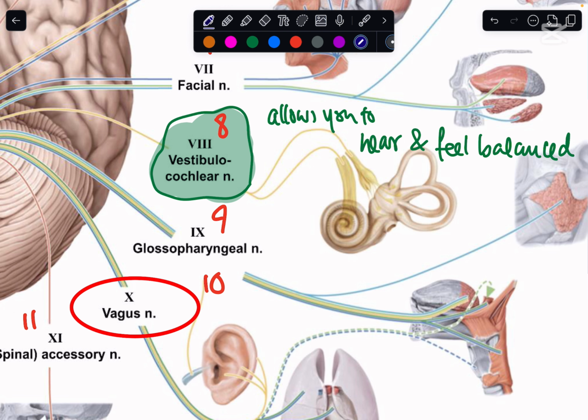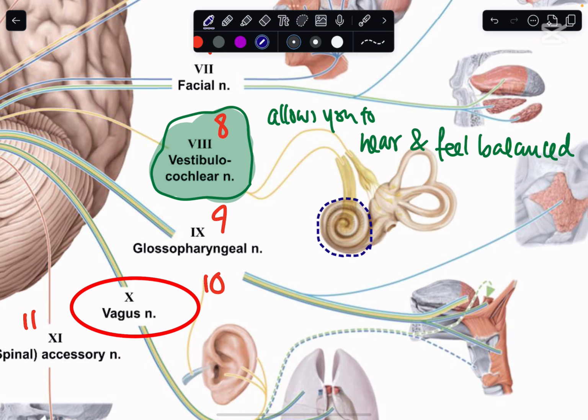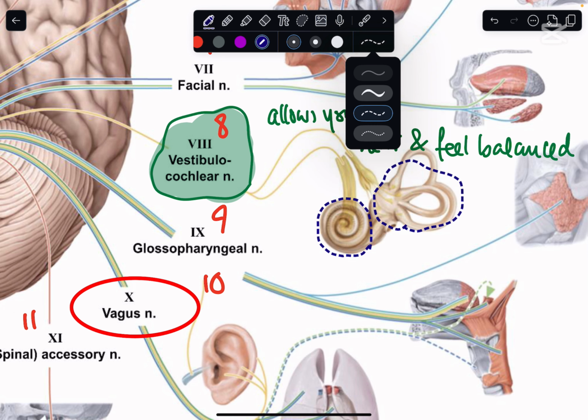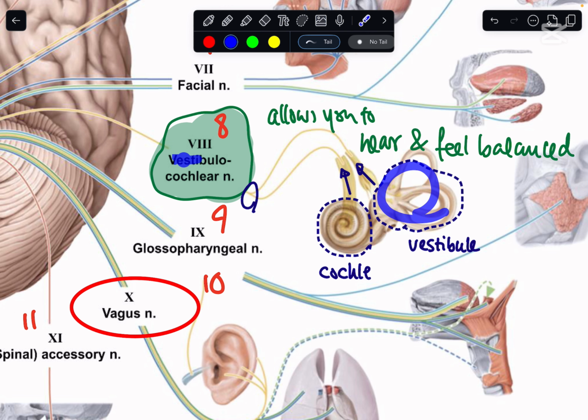So this part is what we call, let me highlight this way. There's this part, right? Do you follow? This part is coming this way, and then this part, and they merge at this point. It turns out this part is called the cochlea, so this part would be the cochlear nerve, and this part is called the vestibule, the vestibulo.